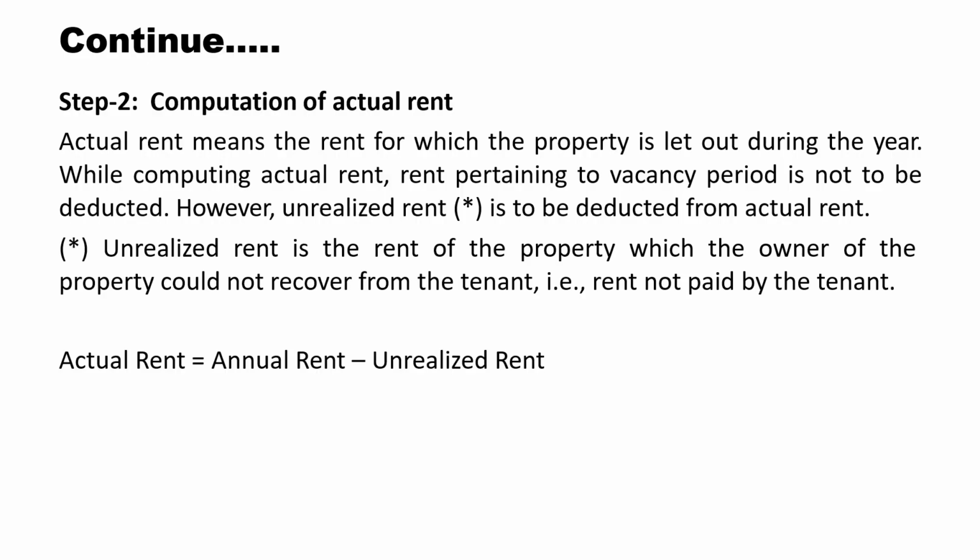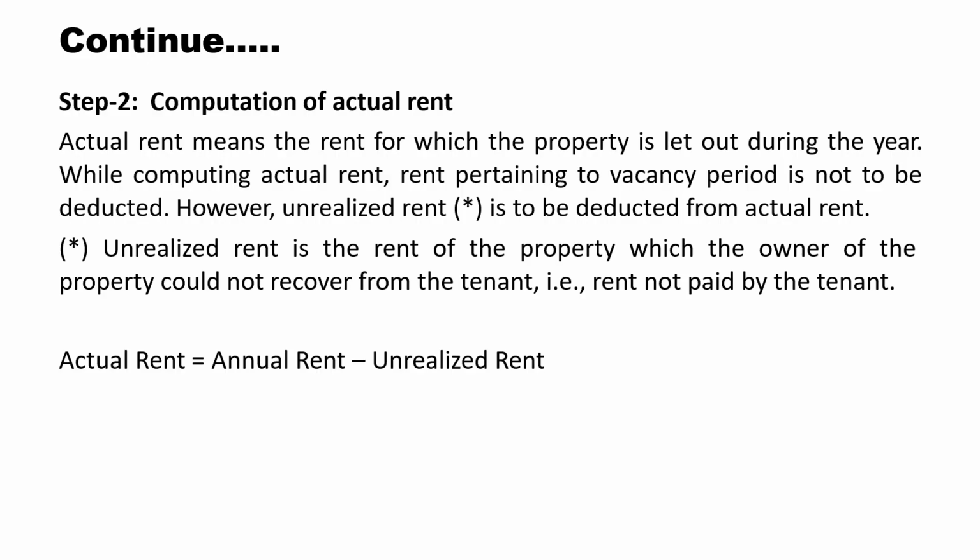One is the annual rent. Annual rent means what? We have discussed during the definition. Annual rent is the rent which is received by the assessee during the previous year regarding the property. Okay, for the property, the actual amount received by the assessee during the previous year, that is called the annual rent. And many a times, the tenant is not paying some rent to the assessee.